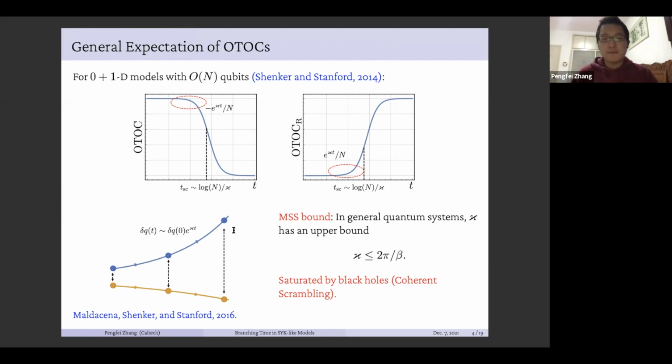It is known from the paper by Maldacena, Shenker, and Stanford that for a general quantum system, the quantum Lyapunov exponent has an upper bound of 2 pi over beta. It is also known that such a bound is saturated by holographic systems, due to semi-classical black holes.